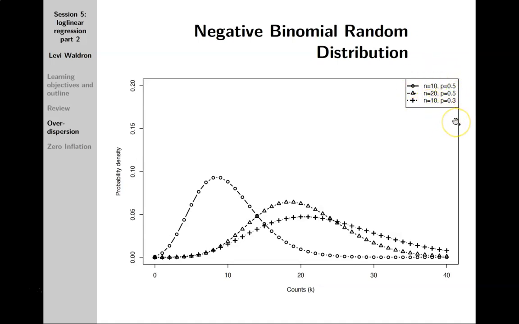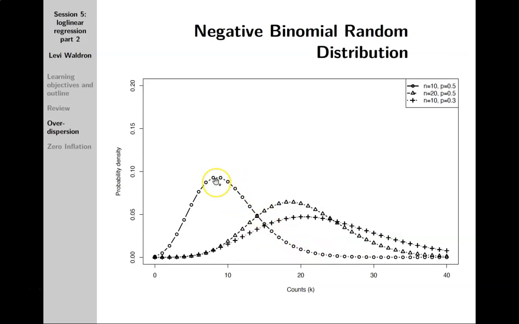In this case, I'm using that dnbinom function from the base package, so the parameterization is a little bit different. It's not lambda and theta, it's n and p. But the only point that I want to make here is that these parameters affect both where the middle of the distribution is and how dispersed it is.